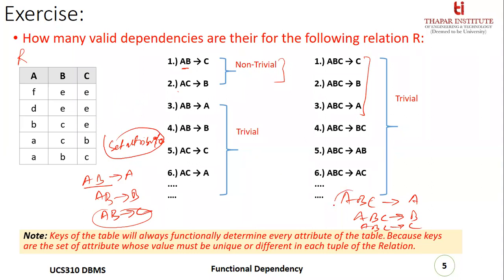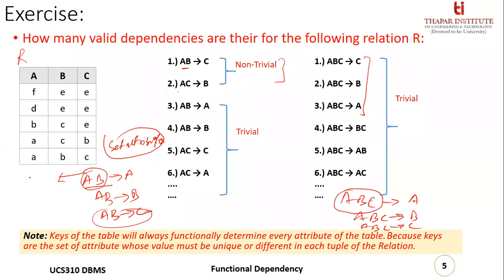In this set, all the attributes are included, but in the other set we have included only two attributes. When a set of attributes uniquely determines all the attributes of the table, that set of attributes is called a key.